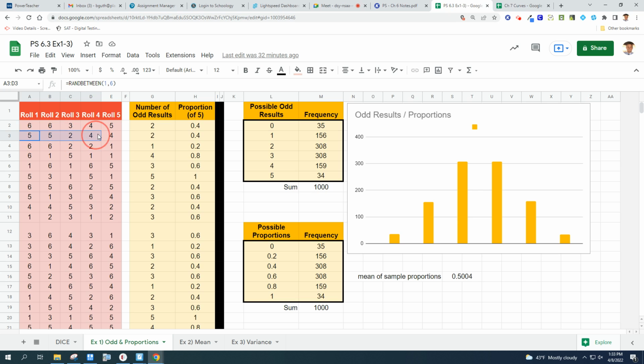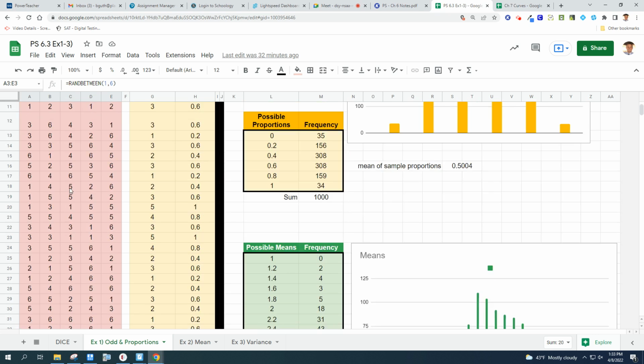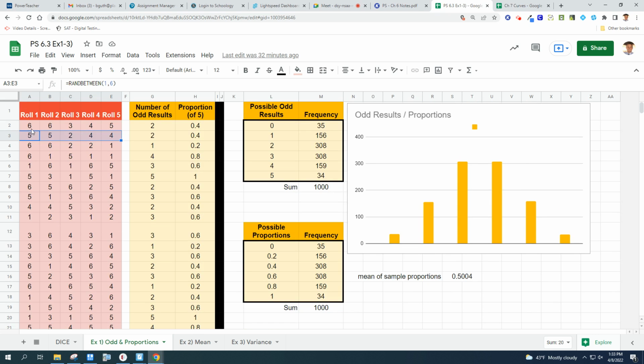I went ahead and rolled these dice 1,000 times. You scroll all the way down there, that's 1,000. I found there's 2 odd numbers here, 1 odd number here, so I found all these proportions, 1,000 of them.